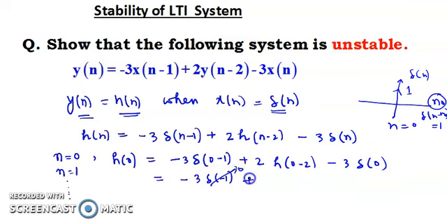Next, 2 h[-2] minus 3 delta[0], and delta[0] means 1.